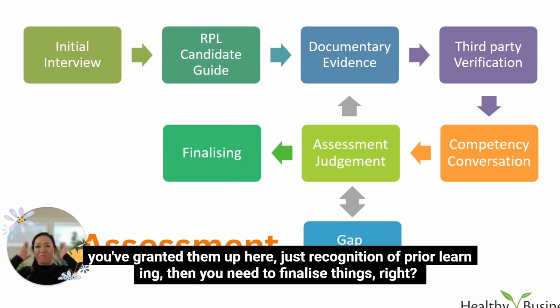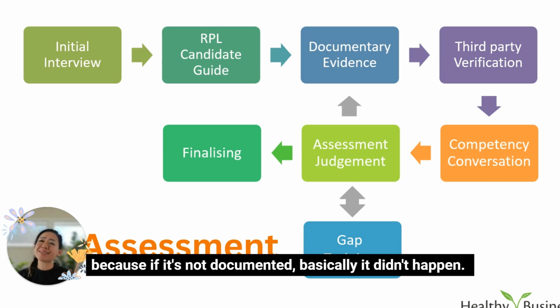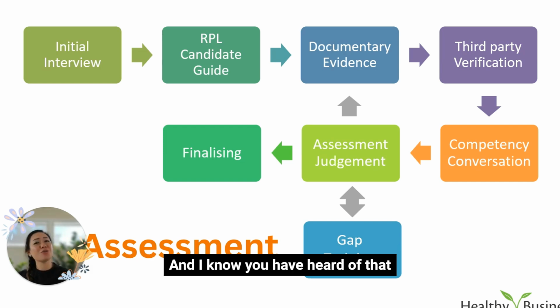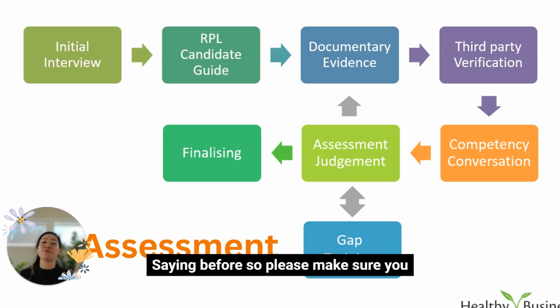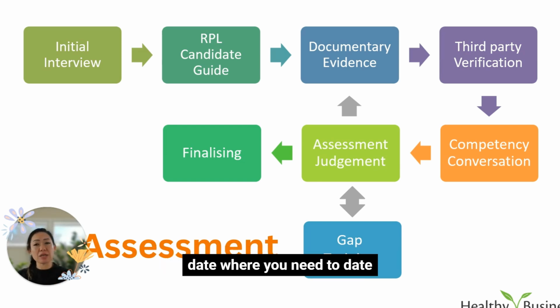You need to have this documentation stored somewhere in your RTO. It's super important that you do that, because if it's not documented, basically it didn't happen. And I know you have heard that saying before. So please make sure you dot your I's and cross your T's, sign where you need to sign, date where you need to date.